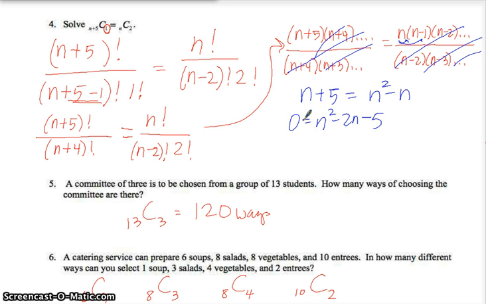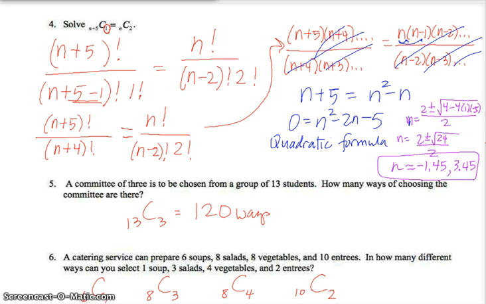And here you would either try to factor it, or it's not going to be factorable, so you're going to have to use the quadratic formula. Okay, so a little bit gross, or you can try it. So go ahead and plug it into your calculator or use the quadratic formula and see what you get. Either graph this and check your zeros, or use the quadratic formula, which is right here. You should have gotten 2 answers of negative 1.45 and 3.45.